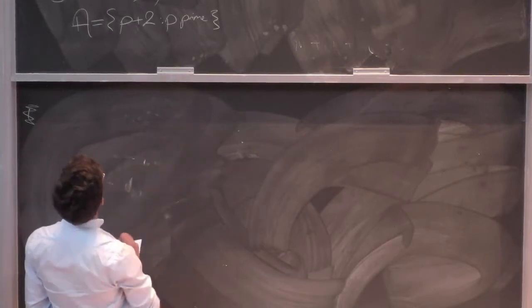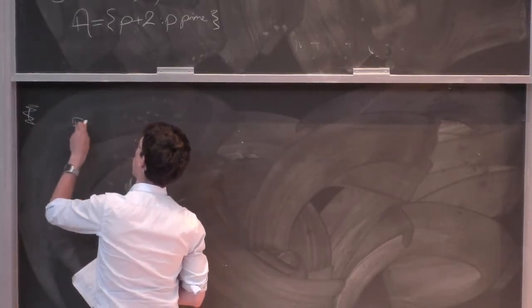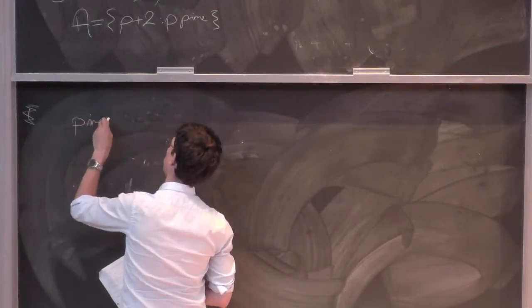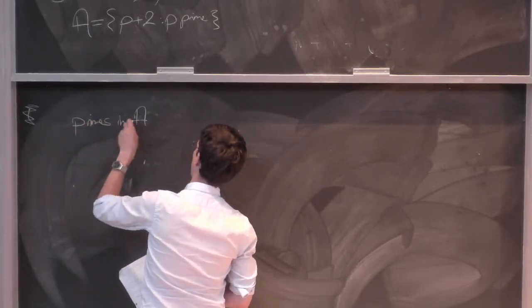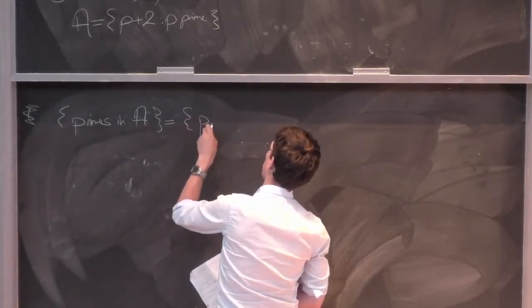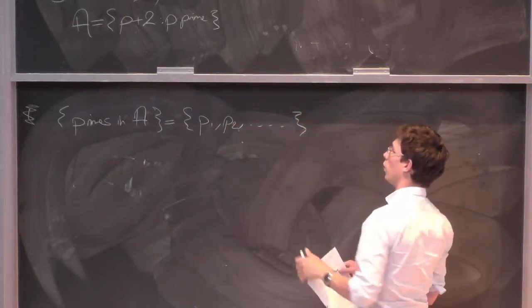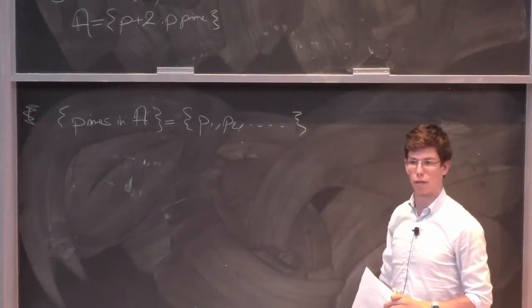So to make my question slightly more precise, I want to think of the set of primes in A being equal to the set p1, p2, and so on, where I'm ordering these primes just by their size.